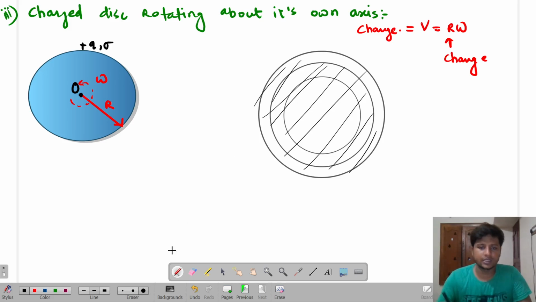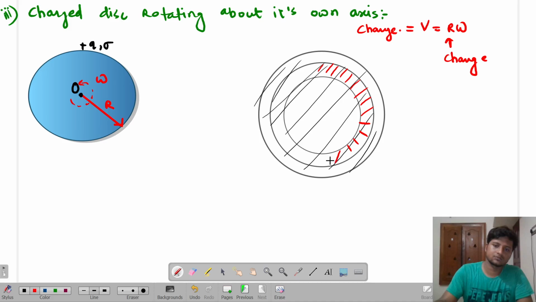I'll consider a ring element over here such that its velocity is constant, its velocity is not changing. Let's suppose the radius of this ring is small r, and the width of this ring is dr.